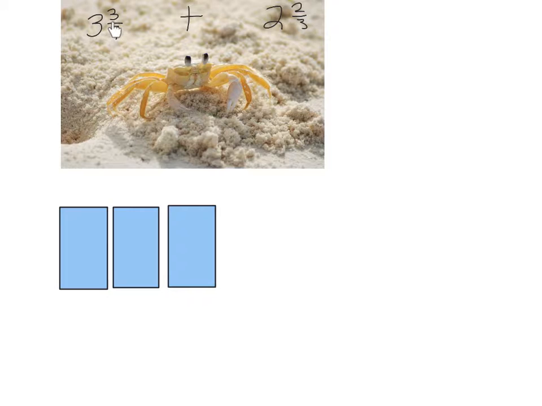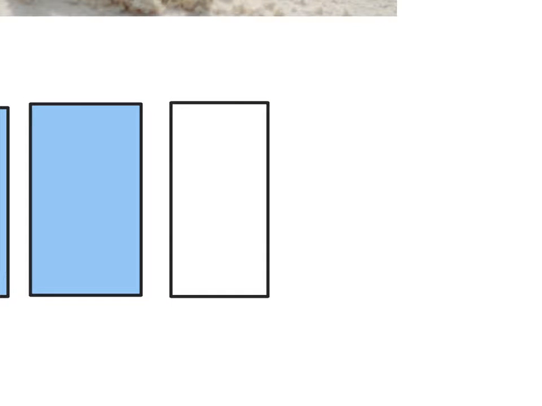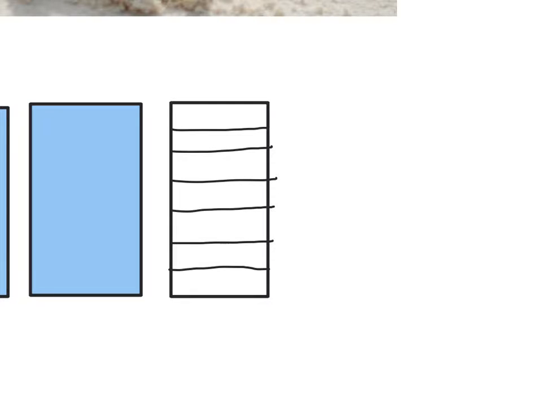Now I have to create 3/7, so I'm going to make another box that's empty. Now I am going to enlarge this so that I can make the 7 parts better. So 7 parts means I'm going to draw 6 lines. So I'll go 1, 2, 3, 4, 5, and 6 lines.